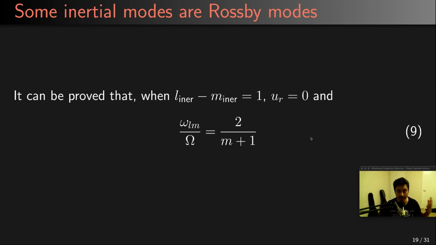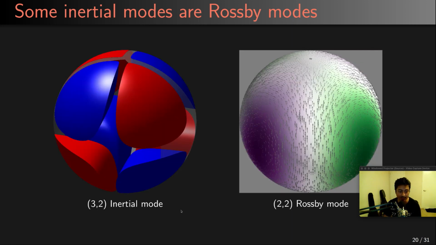And these are actually equivalent to these Rossby modes, at least to some of these Rossby modes that we saw earlier. Let me show you an example. So for example, the 3-2 inertial mode is equivalent to the 2-2 Rossby mode. So the indices are actually slightly different.